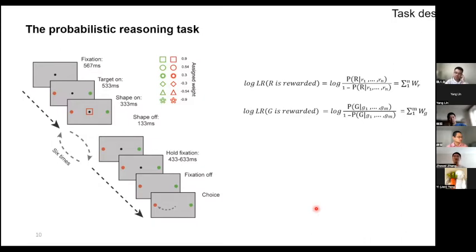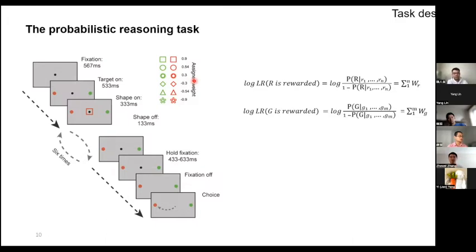Each stimulus would disappear before the next stimulus was presented. The stimulus set includes 6 shapes, and each could be either red or green. The stimuli in each trial were independently and randomly sampled with replacement from this set.